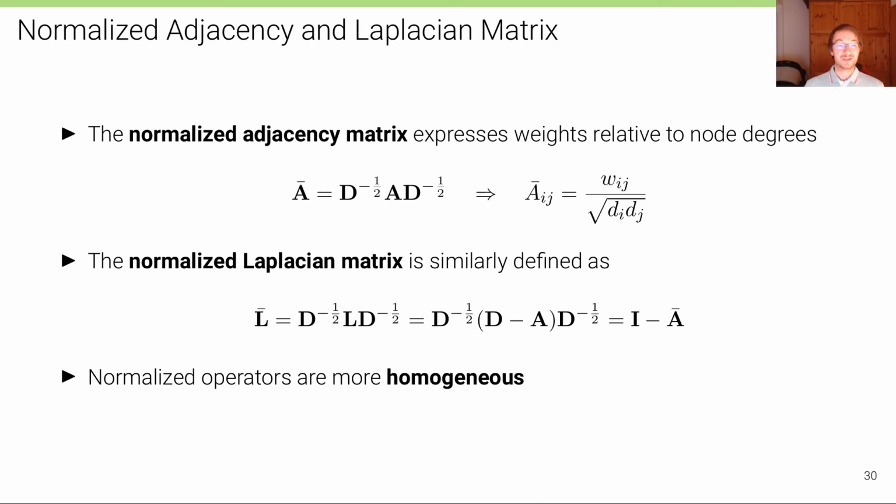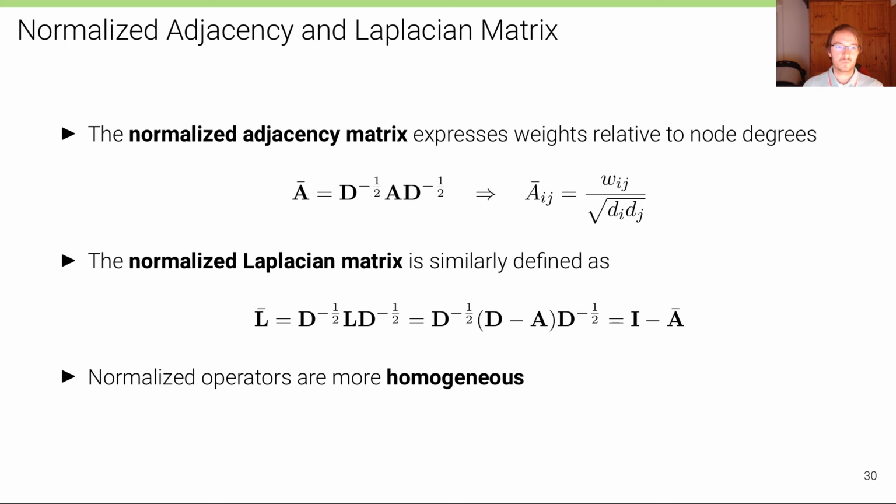Now, what we can do further is to normalize both the adjacency matrix and the Laplacian matrix. This is useful in particular when the graph is very inhomogeneous, when we have some nodes that are very far from other nodes and some nodes that are very close. So if we have some weights that are very large and some weights that are very small, or if we have some nodes that are connected to many nodes in the graph and some nodes that are connected to only a few nodes.